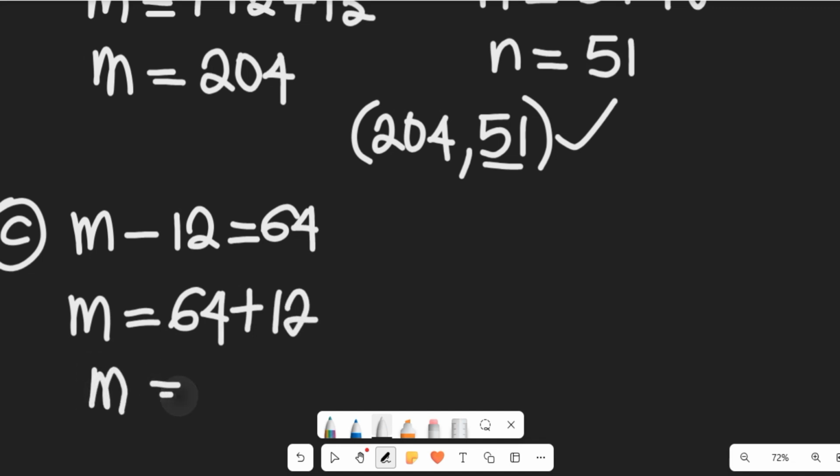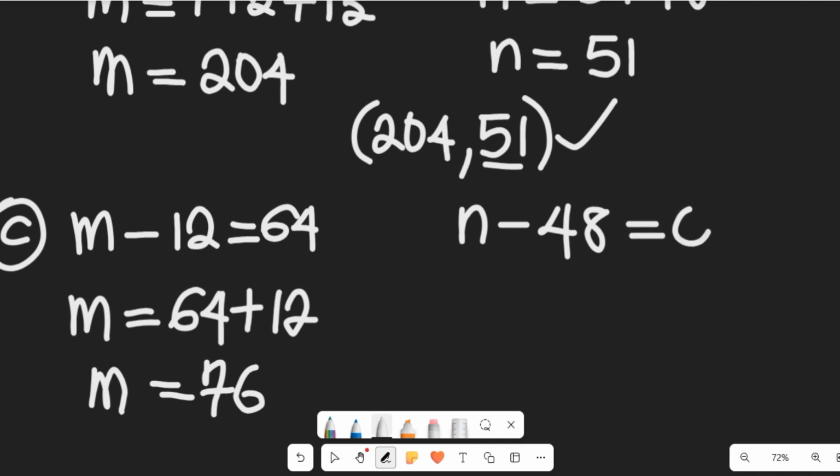Our m is equal to 76. So if m is 76, that means n minus 48 will be equal to the next number, which is 9, right? The next number is 9.